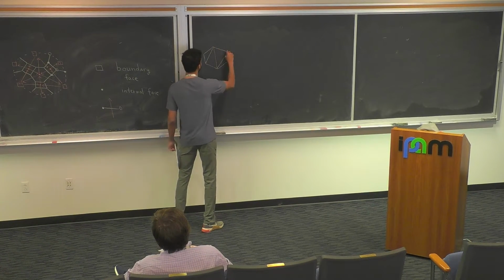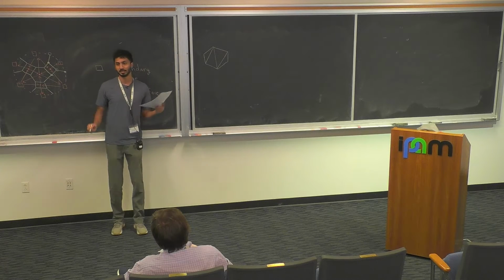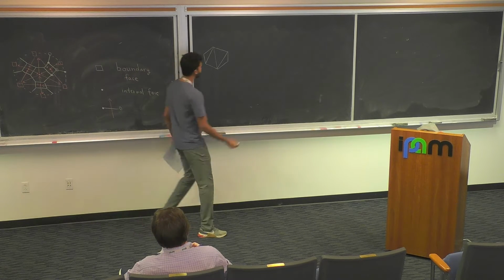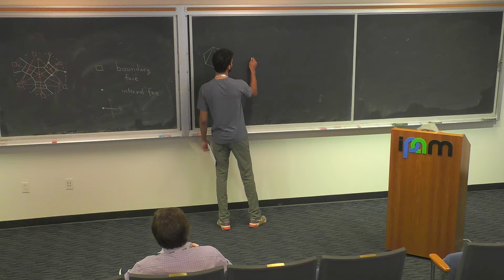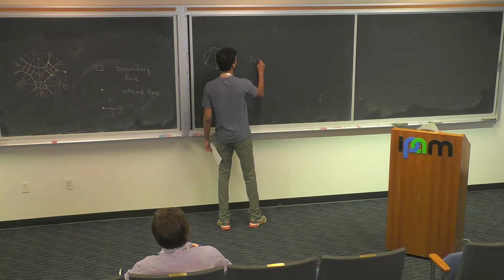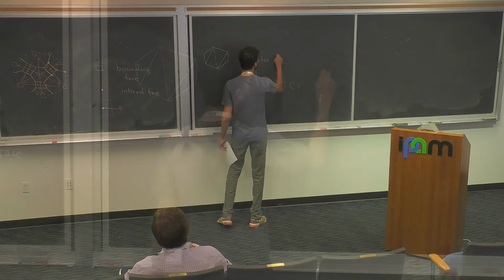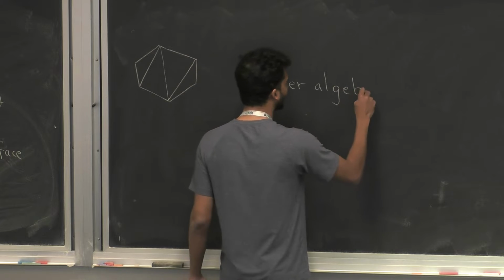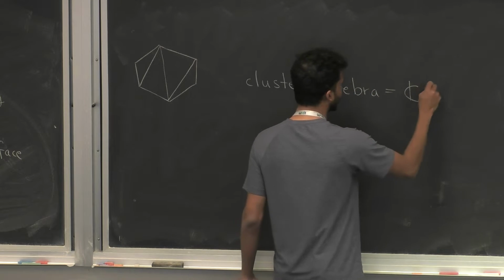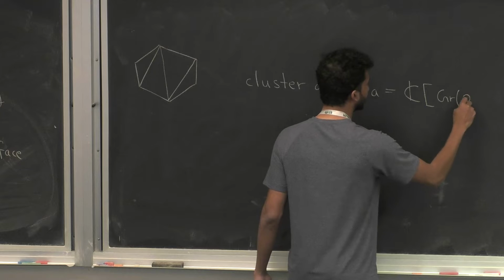If you have a polygon and you take the quiver that you get from this triangulation, then the cluster algebra is the coordinate ring of the Grassmannian.